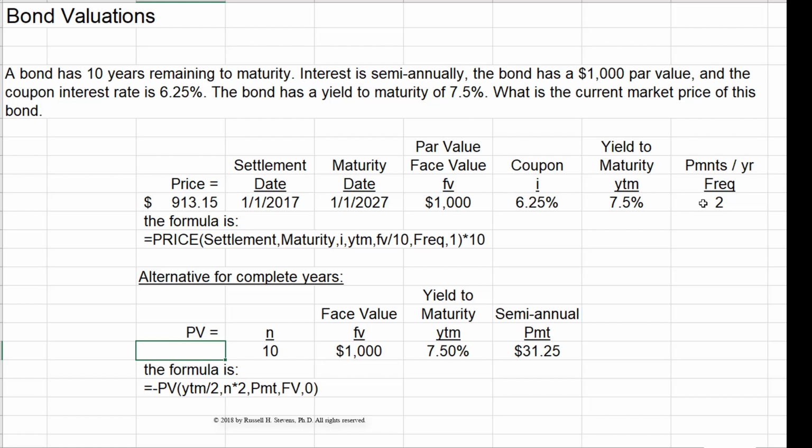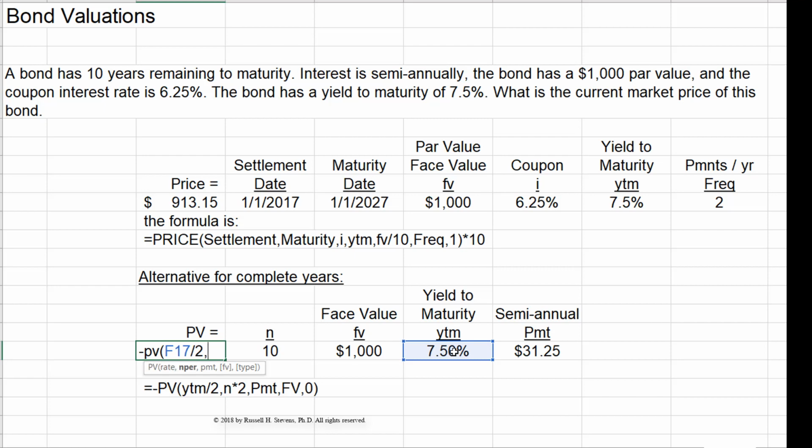As listed below PV, enter the formula into the workbook cell directly under PV by starting with a minus sign. Type in PV and type in an open parenthesis. Highlight the 7.5% and type in a /2 followed by a comma.